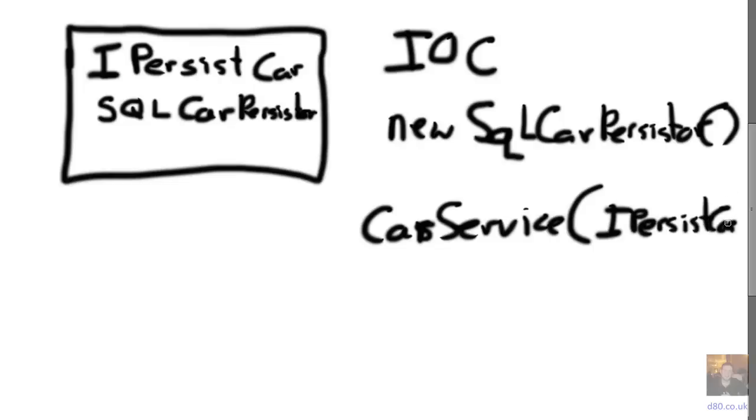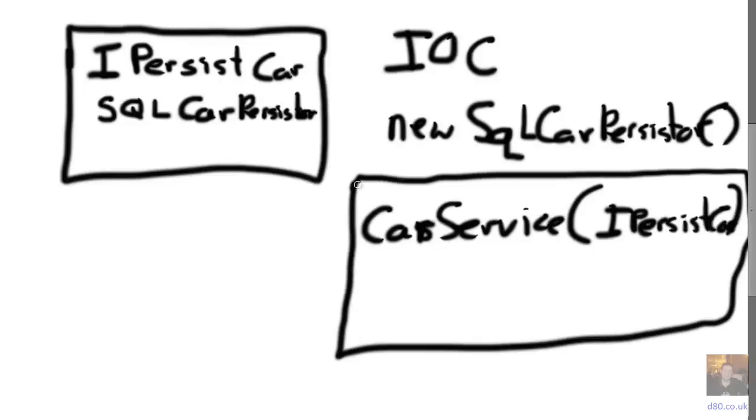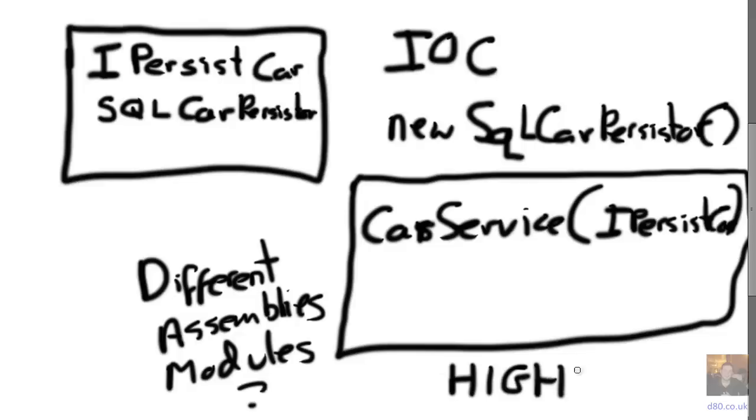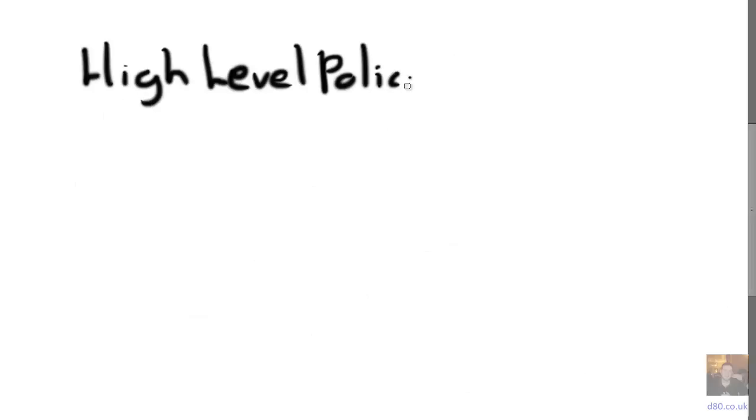Imagine you've got your high-level policy and your IoC container will just inject a new instance of a SQLCarPersister because it's wired up. But the IPersistCar actually lives in the same assembly as the SQL persister.